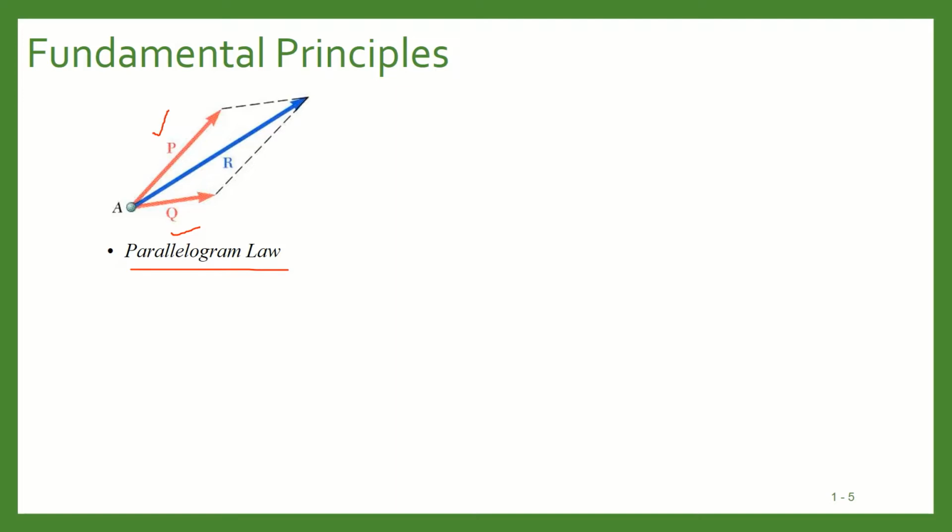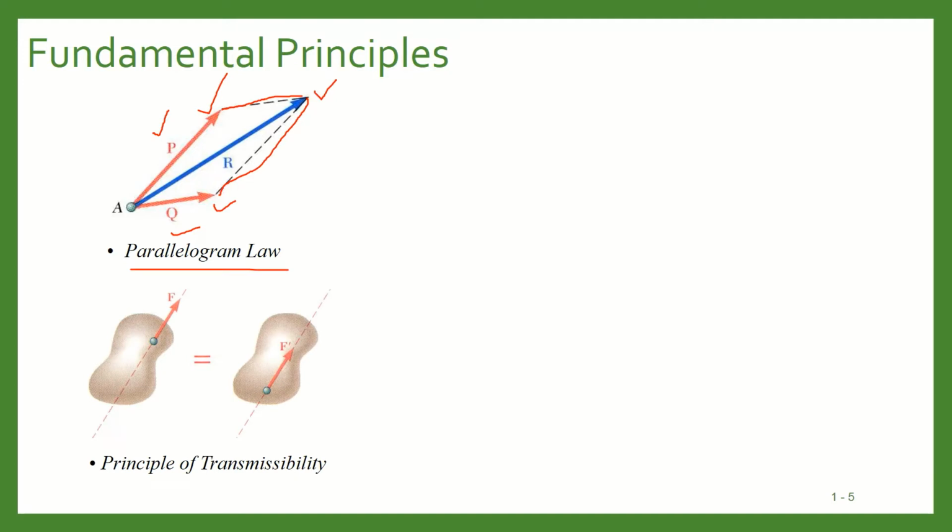Suppose you represent the two vectors by two sides of the parallelogram, and you complete the parallelogram, then this diagonal of the parallelogram will represent the resultant of these two vectors. So if P and Q are the forces, then this R is the resultant of P and Q. So if you want to represent them in a combined form, then you can represent them by R.